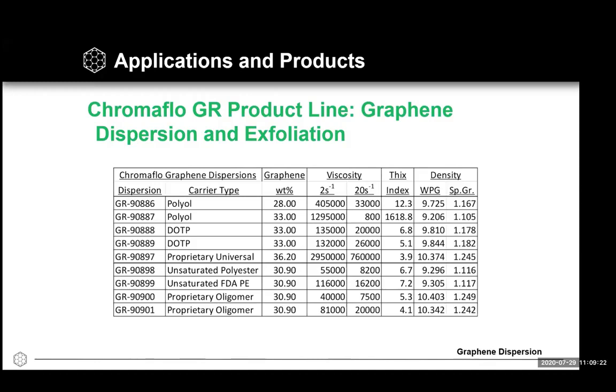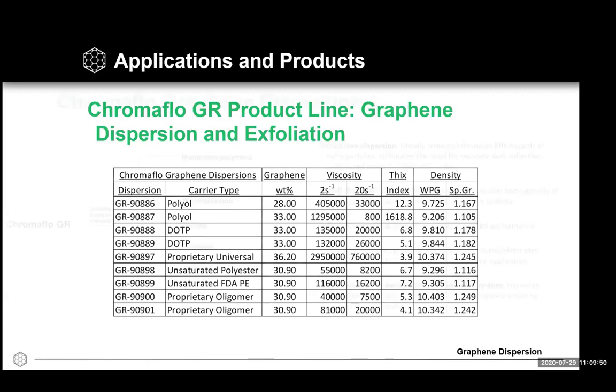You can see we have a wide range of viscosity and Thix index. This is just an example, and we also customize the product, where we take the customer's resin, disperse and load the graphene, make the master batch, and provide it for their end application.